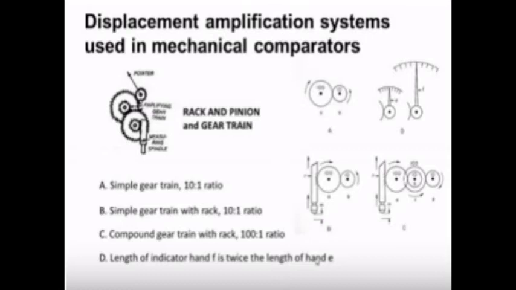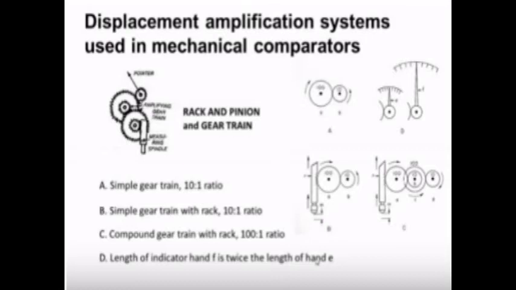The spindle is connected to the rack, so we have the rack cut on the spindle, and we have the pinion here. When the spindle moves, that is the rack moves, the pinion will rotate. This rotation of the pinion is amplified using the gear train. Finally, the motion is transmitted to the pointer, and the pointer will move on a rotary scale.